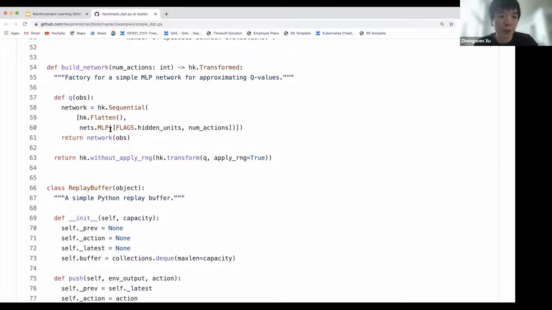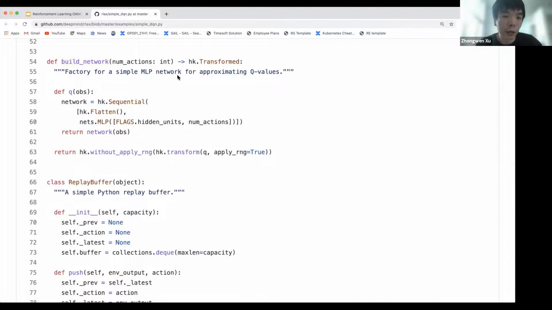Essentially it's just building a multi-layer perceptron network with certain hidden units and outputting a certain number of actions. As you can tell from the name of the function, it computes the Q values of a certain state, producing the Q values of all of the actions. So the input is the state, and the output is Q(s,a), including all of the actions.